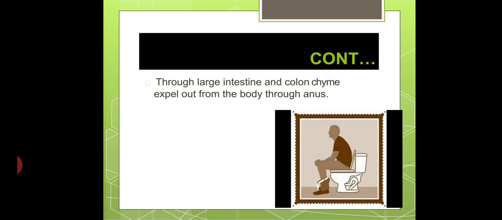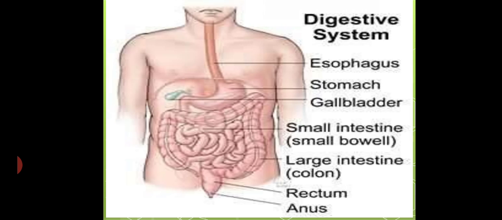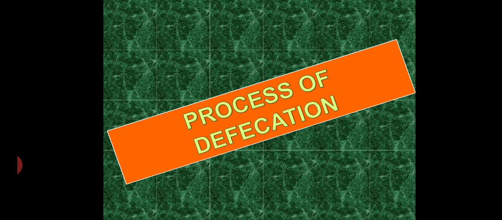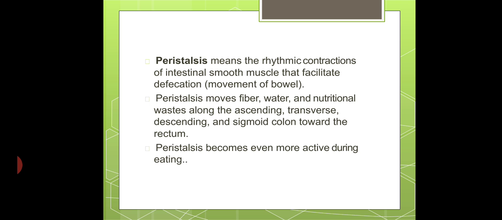Then we have seen the physiology of elimination. Then the process of defecation. Peristalsis, what is peristalsis? We have also seen that it is the rhythmic contraction in intestinal smooth muscle that facilitates defecation.